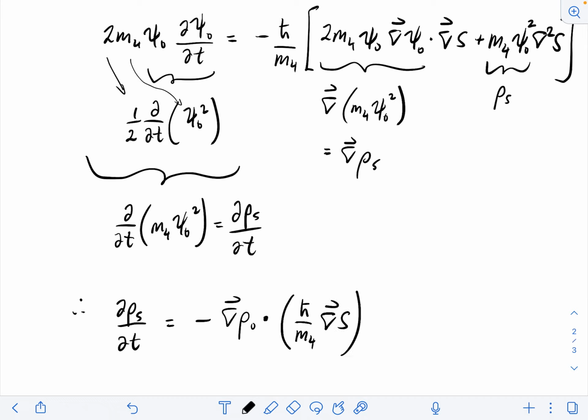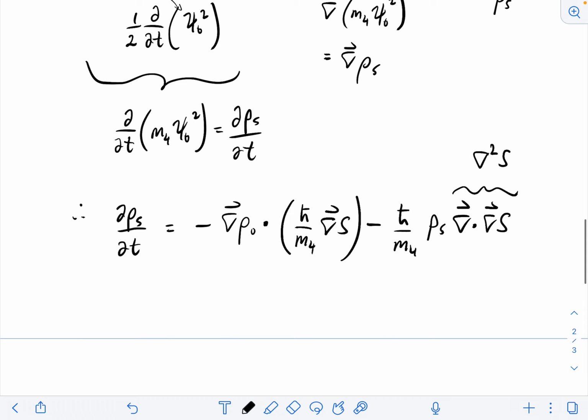And then we still have the minus h bar over m4, and then we have rho s times the gradient. So I'm going to write del squared now as the divergence of the gradient of s. Okay, and so this is the del squared s. Okay, so this is Vs.